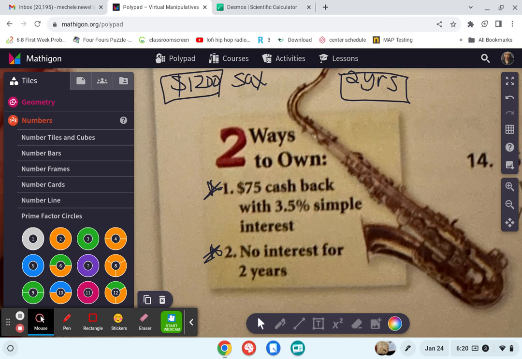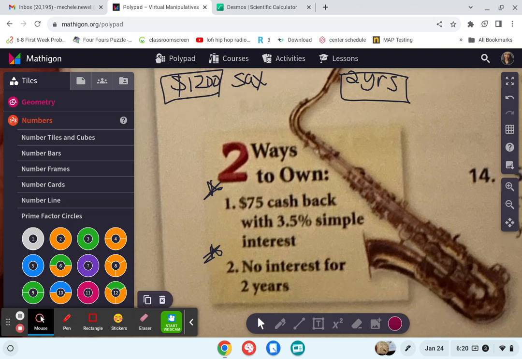What I want to be able to do is change the principal amount. Remember your formula. I'm gonna scratch it out because I don't want it to erase again.